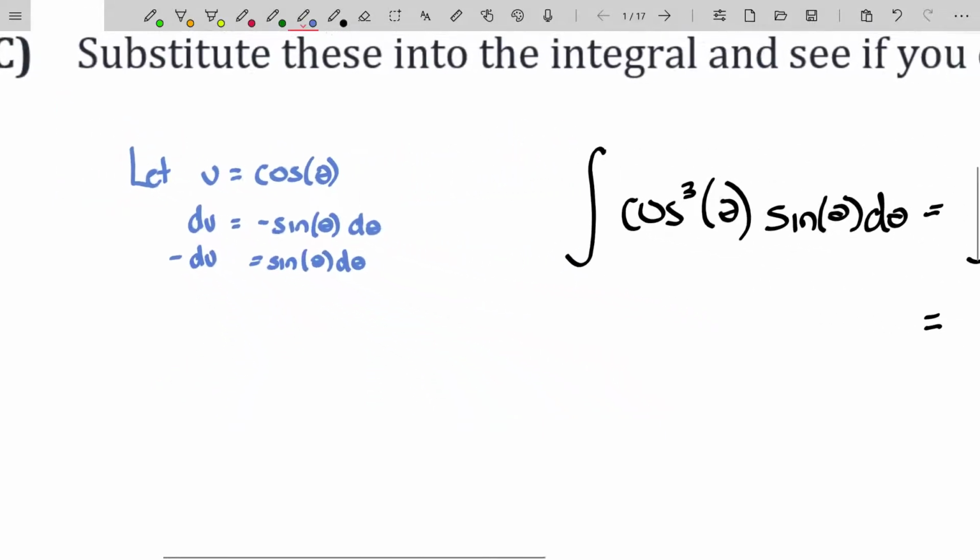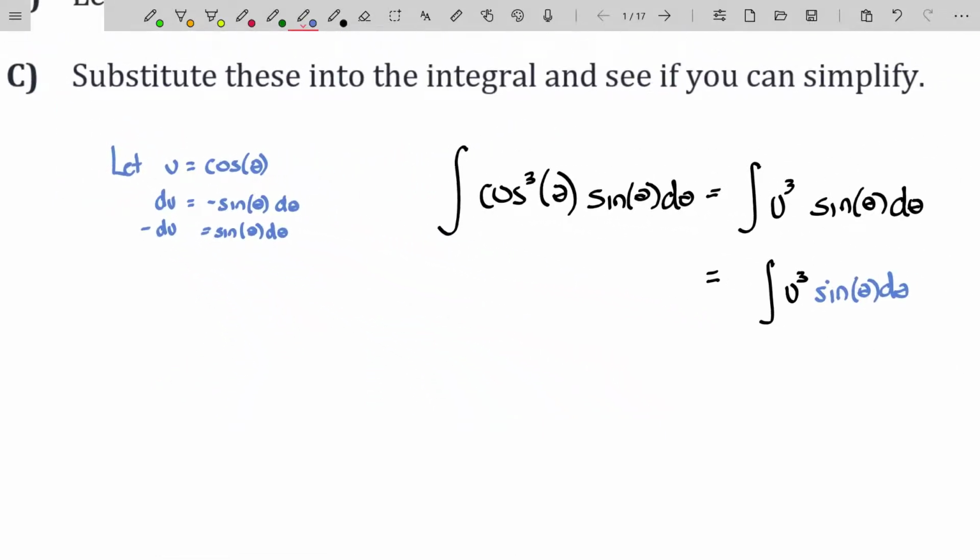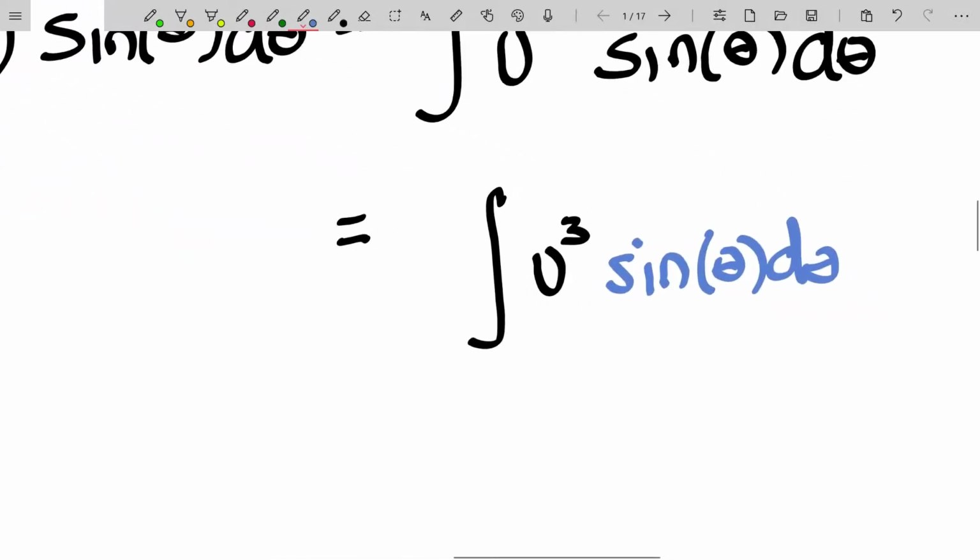And so I will go back to our indefinite integral and transform completely into the world of u by replacing that blue ink, the sine of theta d theta, with a negative du, and pull the negative out front: negative integral of u cubed du.